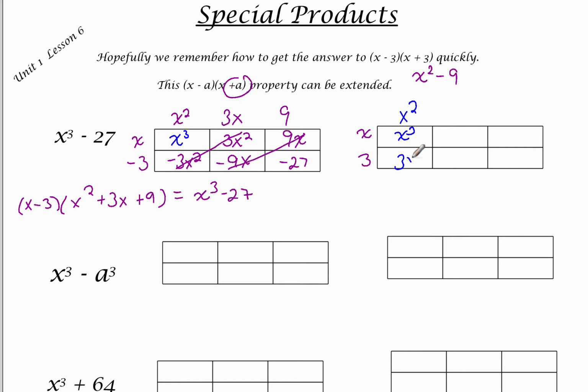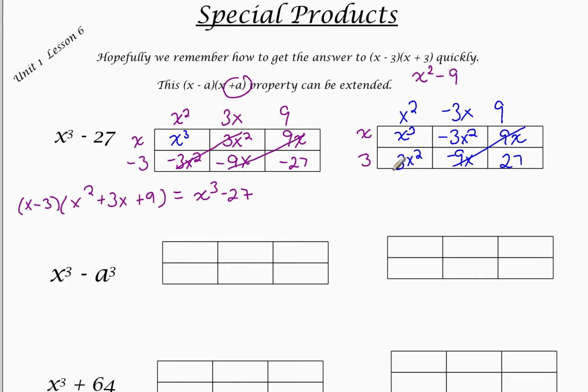That's going to be 3x squared. But in order for 3x squared to cancel out, that has to be negative 3x squared, which means this has to be negative 3x, which means this has to be negative 9x, which means this has to be positive 9x, so that has to be 9, and 9 times 3 is 27.